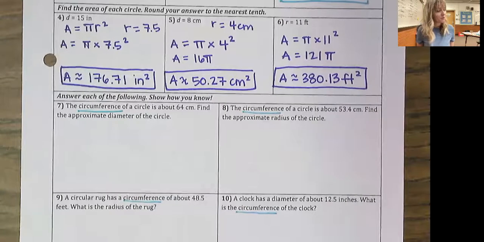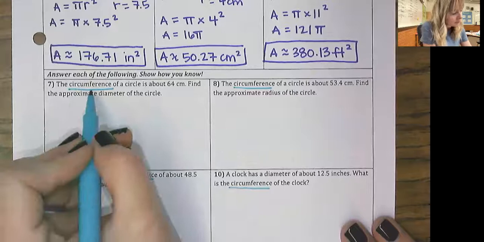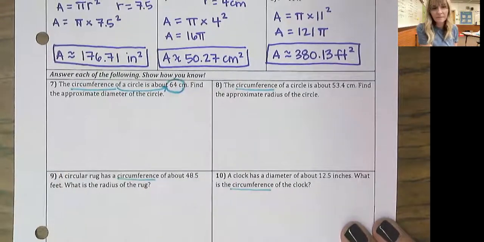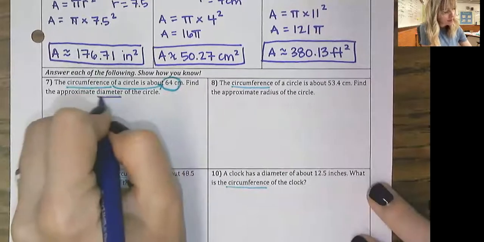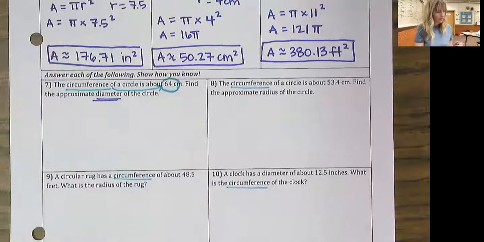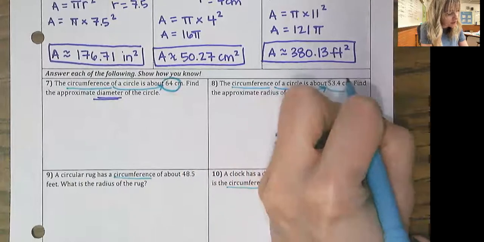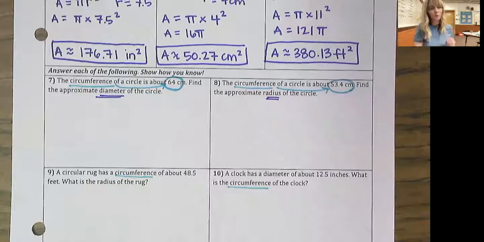So every single one of these is going to use C equals diameter times pi. Great, that's good to know. The circumference of a circle is, this one gives me circumference and asks me for diameter. Number 8, the circumference of a circle is, this one gives me circumference and asks me for the radius.